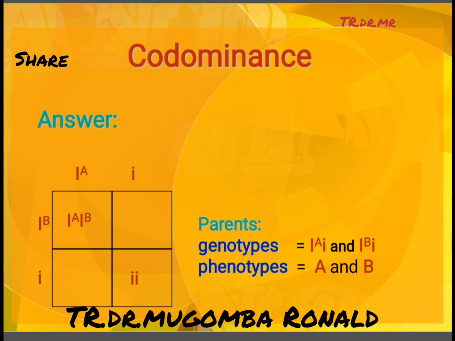Because this one here, who is of blood group A, is heterozygous for blood group A, and the father is also heterozygous for blood group B. Since they're heterozygous, they have a silent O here and an O here. So when you cross, you will end up with blood group O and blood group AB. These are the two people who were produced from this cross of these two parents. That is codominance.